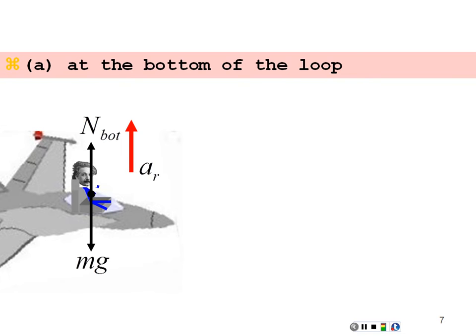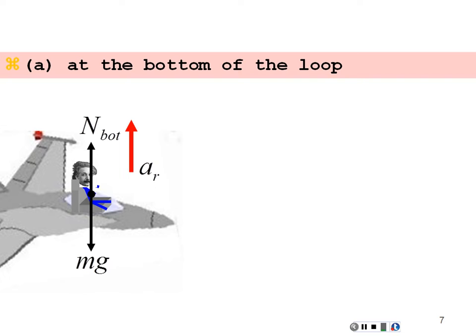So this constitutes our free body diagram for the pilot: a normal force going up, gravity going down, and an acceleration going up. We use this to set up our Newton's second law equation. In this case, the acceleration direction is our positive direction.